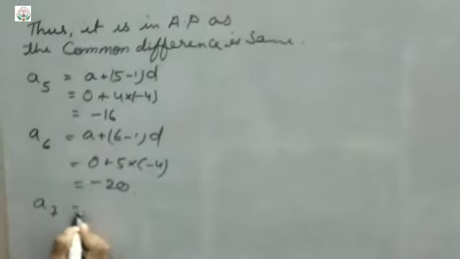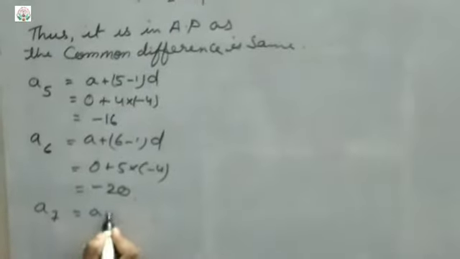Then A7 equals to what? A plus 7 minus 1 into D, which is equals to 0 plus 6 into minus 4, which is equals to minus 24.